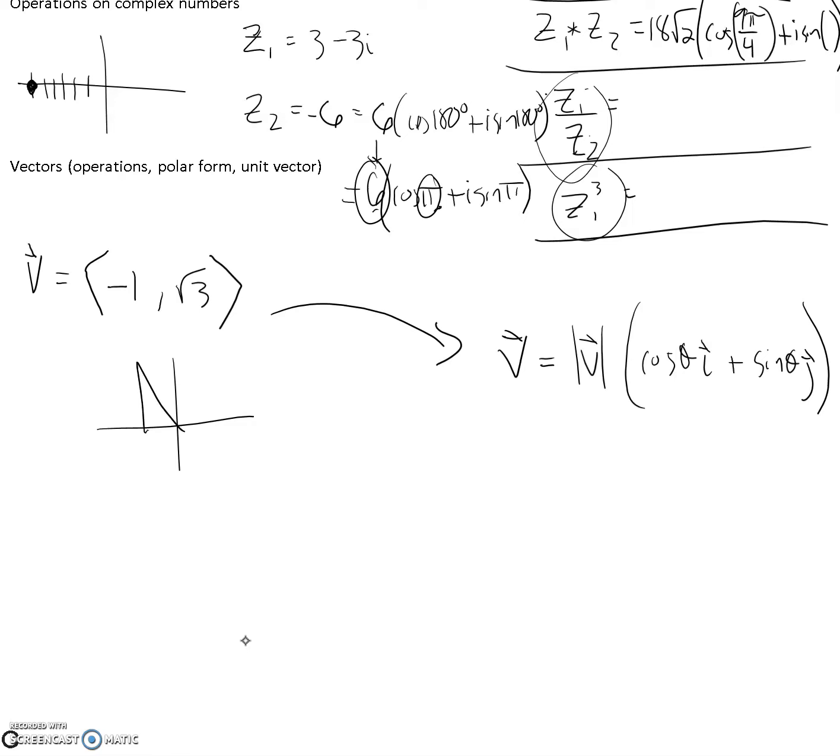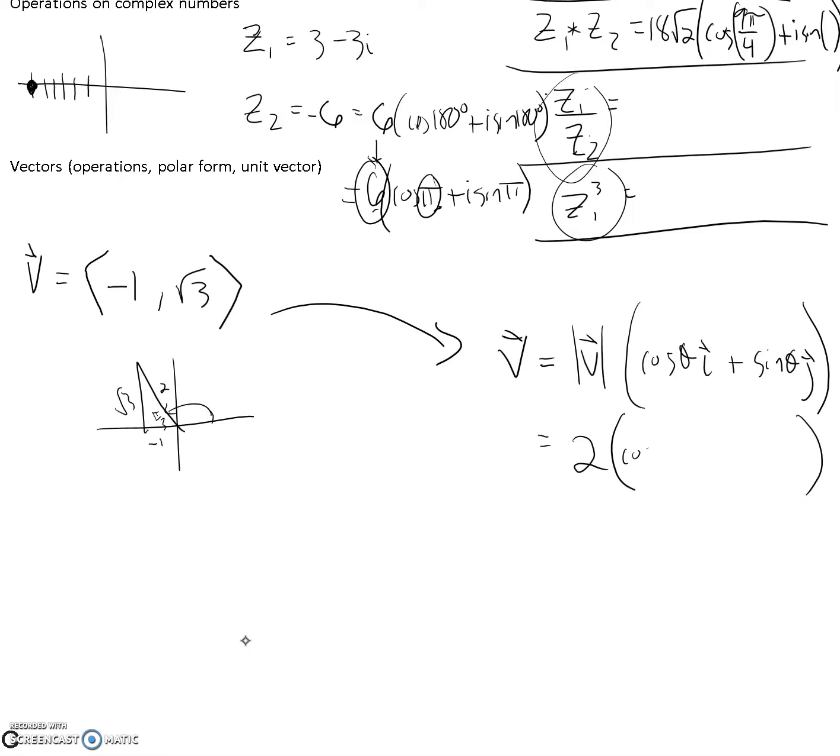So if I go back 1, up root 3, the magnitude there should be 2. Or you can do Pythagorean theorem to get there. And then, because I gave you a special angle, that's a 60-degree angle. That's the same angle we saw a little bit earlier. That's 2 pi over 3, right? Because this is pi over 3 reference angle.